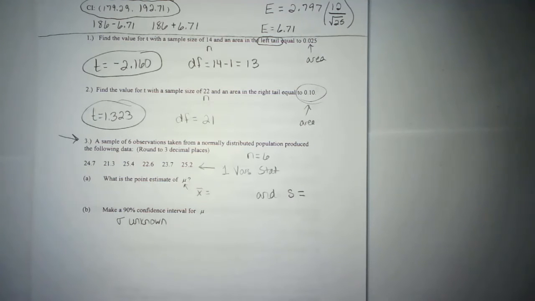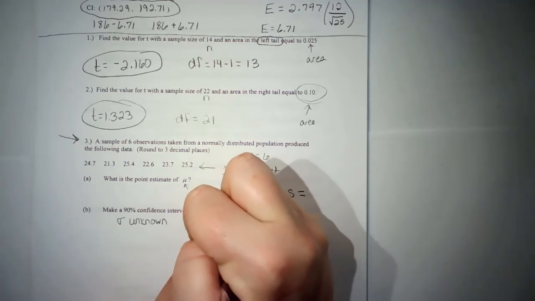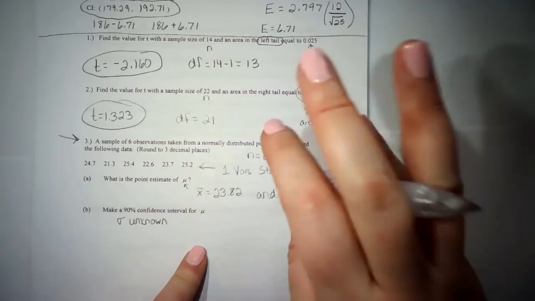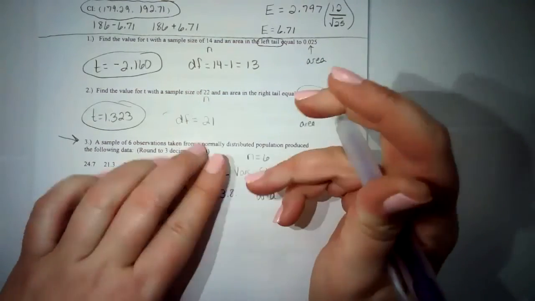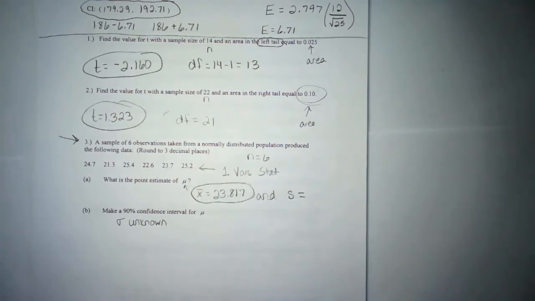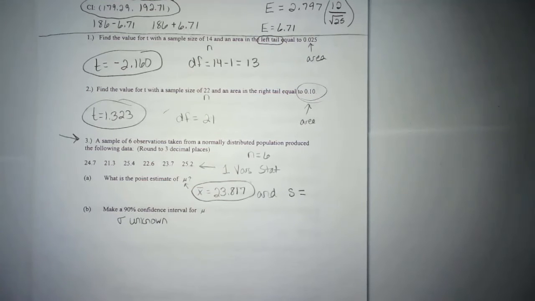Is that good? Okay, so from this, you want to write down X bar. Okay, this wants 3 decimal places. So 23.817, that's my point estimate for mu. Okay. And then we also want S. Now, don't let this confuse you. On the calculator, it says Sx.